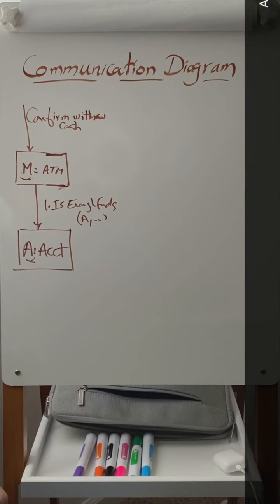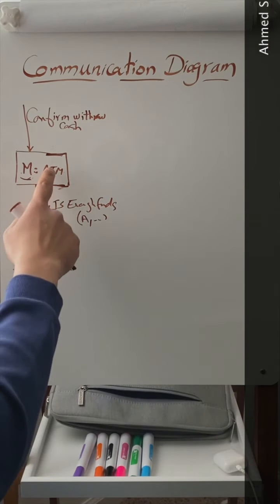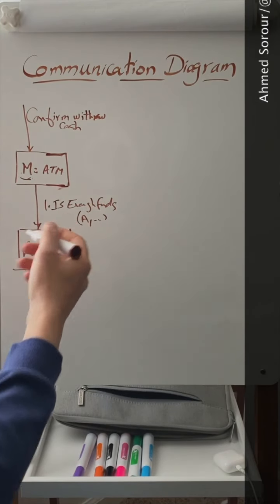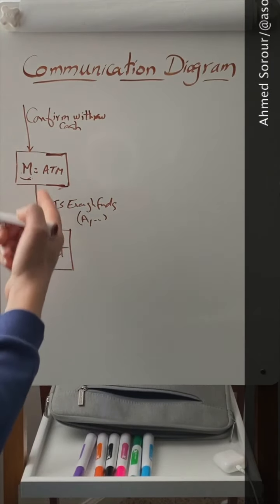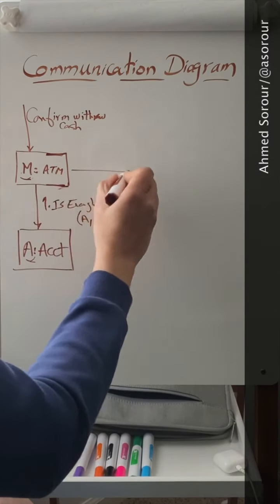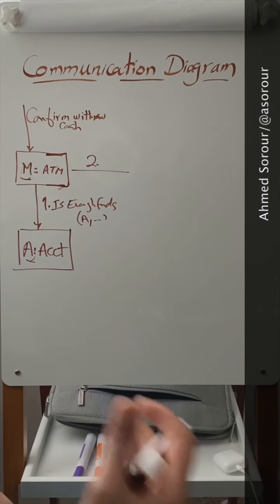And then the account will go back with a yes. You can draw the return or not; it's implicit that you have a return for this call. So this is one. And two, execute transaction.